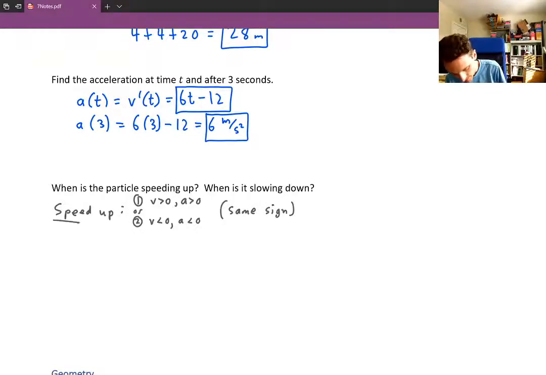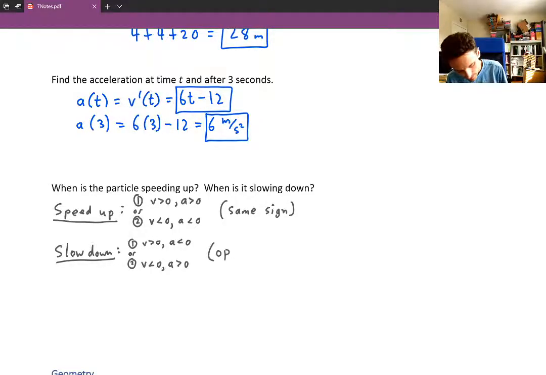And it will slow down if velocity is positive and acceleration is negative, or velocity is negative and acceleration is positive. In other words, opposite signs.